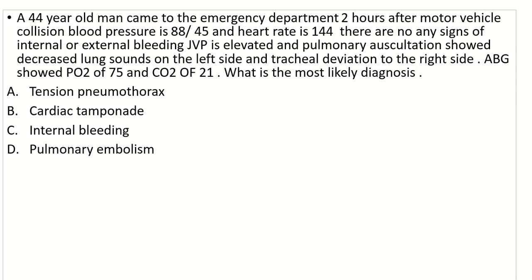In the context of trauma, if there is any hemodynamic instability, we should think about three things. Either it is hemodynamic instability due to hemorrhagic shock, or it may be because the venous return is decreased, because something is preventing the venous return to the right atrium and to the right ventricle.